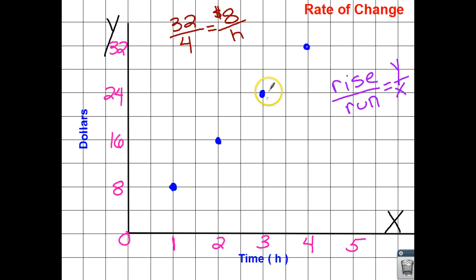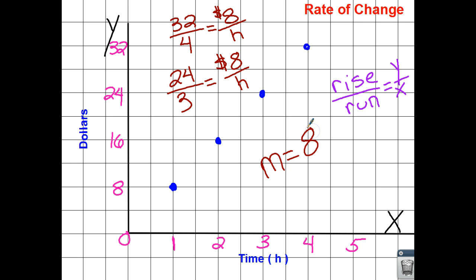So maybe we take this point right here, and it says 24 per, what was that, 3 hours? So you're going to be making, again, $8 per hour.